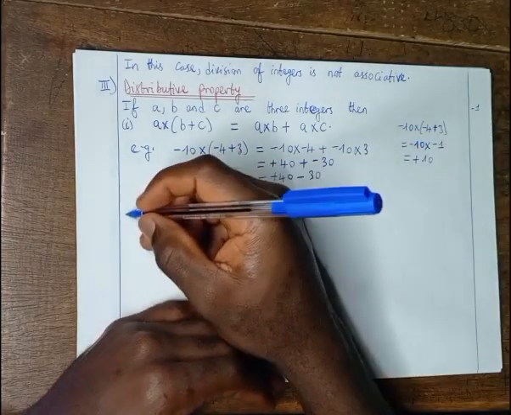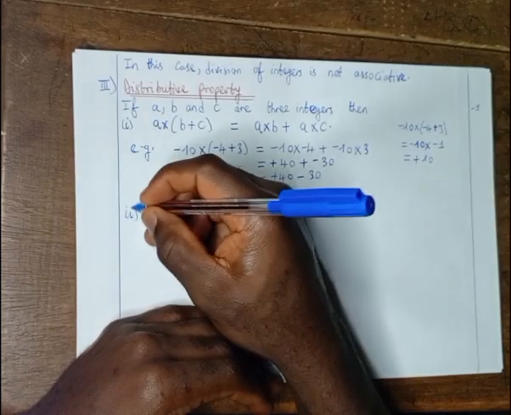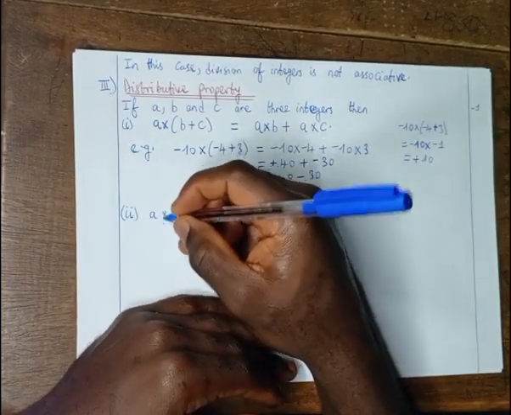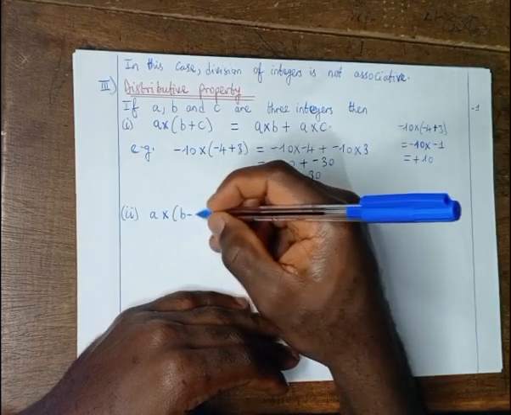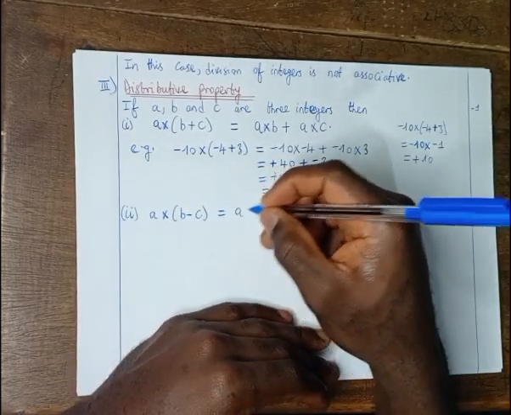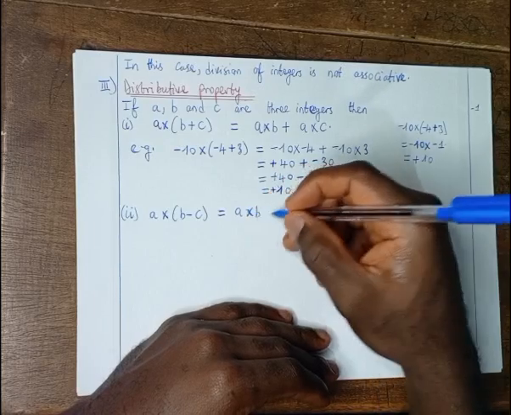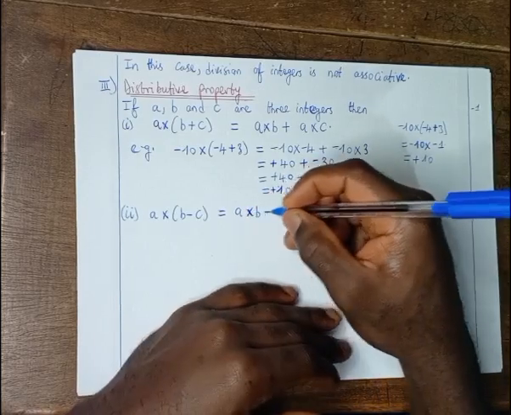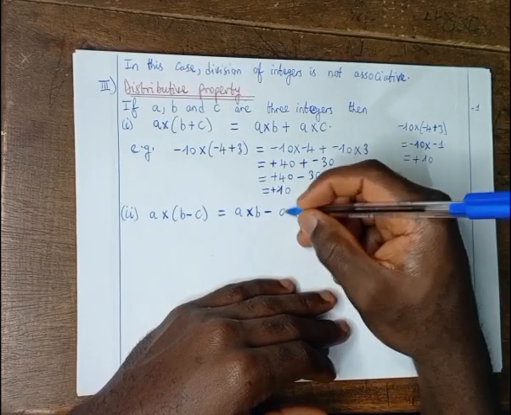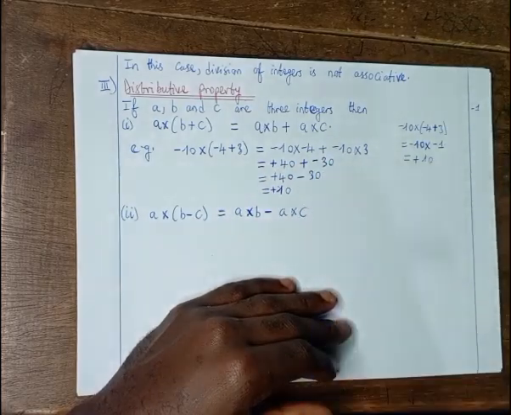No difference. Now if we take 2i, we take a times b minus c. This will simply be the same as a times b minus, because there's minus here, minus a times c.